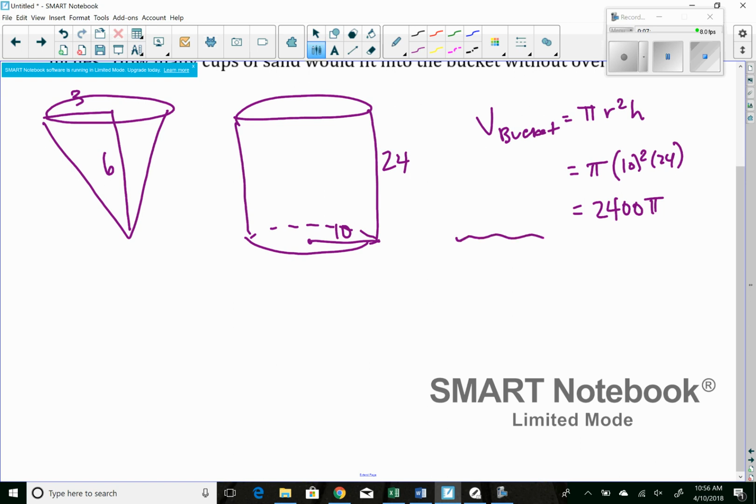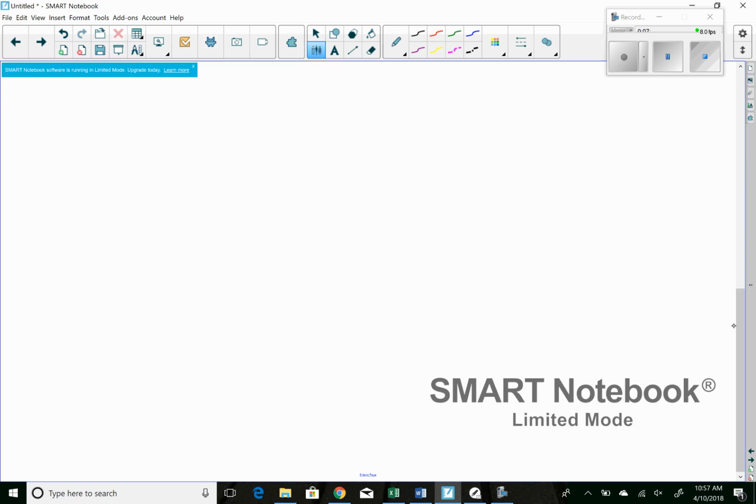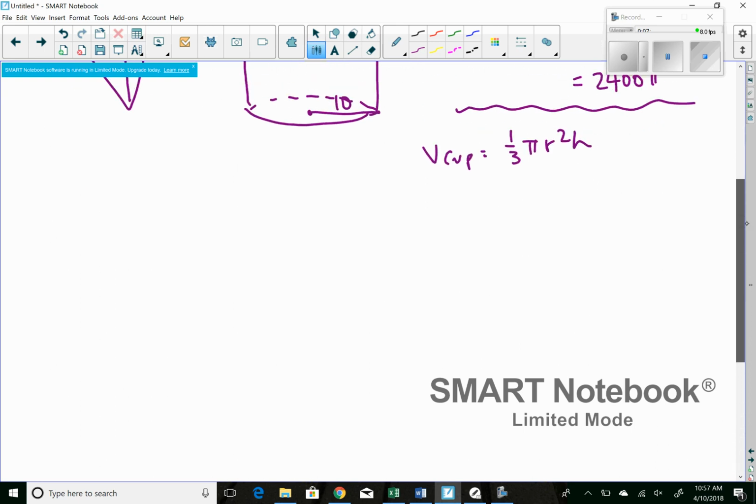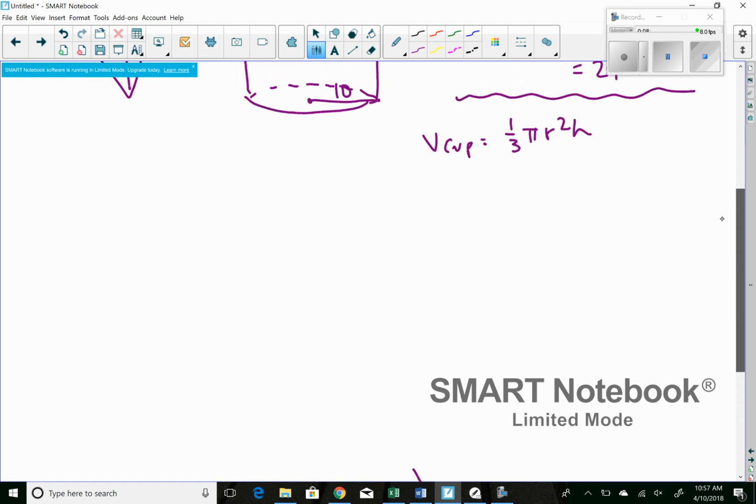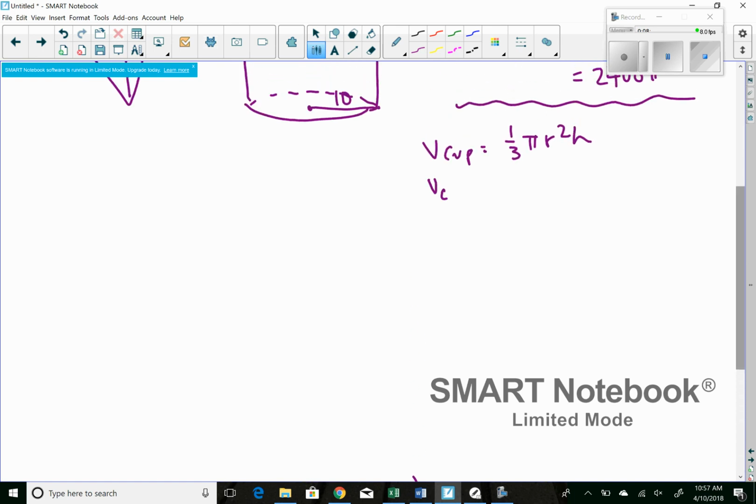If I want to find the volume of the cup, that volume formula is 1/3 pi r squared h. Right on the reference table, no thinking involved there. And if I plug in what I know, the volume of the cup is going to be 1/3 pi times 6 squared times 12, right?